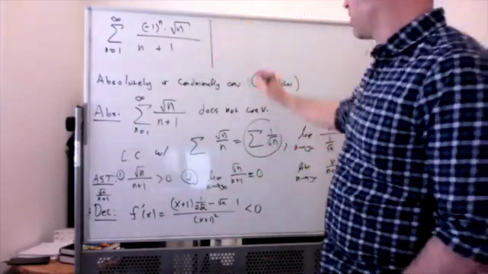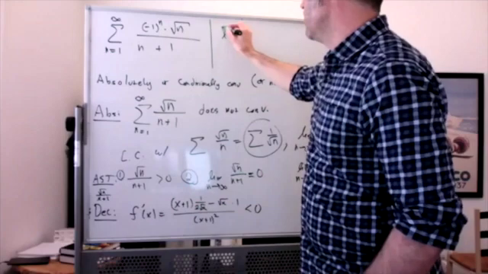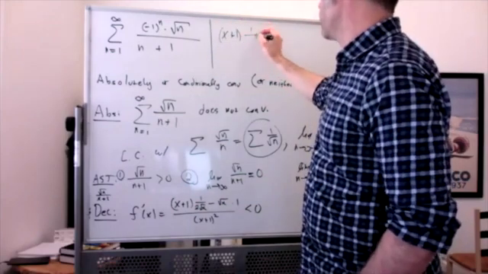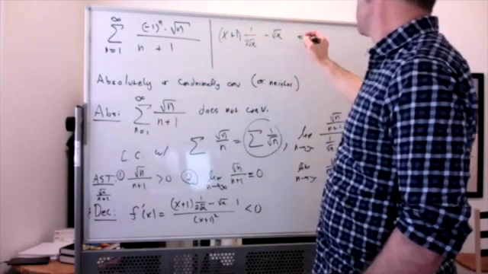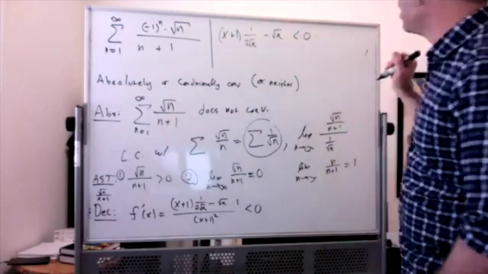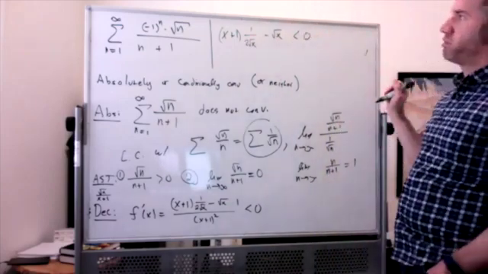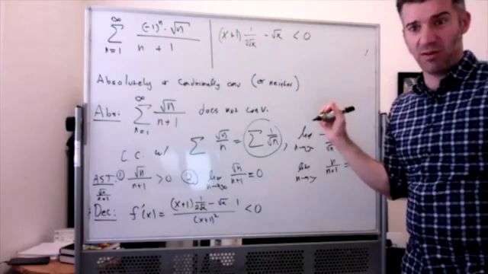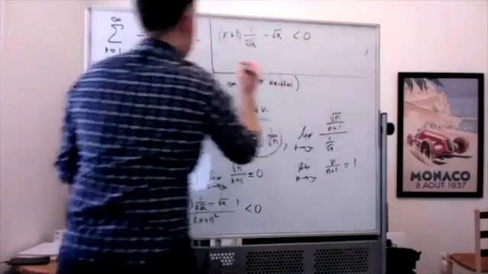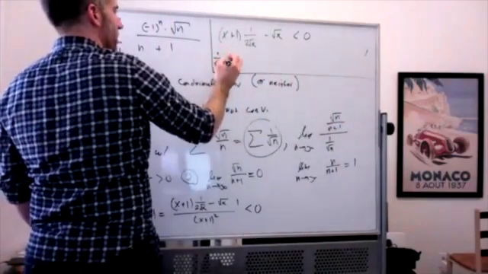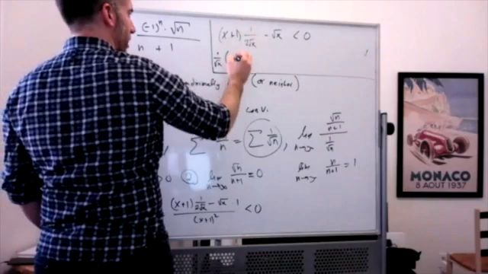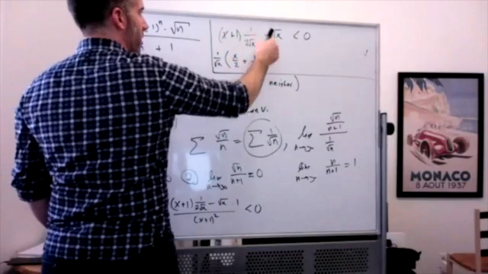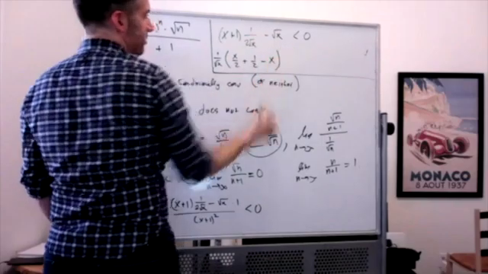So I'm left with x plus 1 times 1 over 2 root x minus the square root of x being less than 0. And I guess I would factor out a 1 over root x. So I'm left with 1 over root x times (x plus 1 over 2, so x over 2 plus 1/2, minus x).